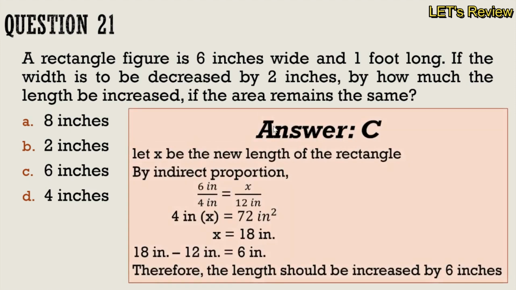The answer is C. We use inverse proportion in this problem. So 6 inches over 4 inches is equal to x over 12 inches. Cross multiplication, x is equal to 18 inches. And 18 inches minus 12 inches is equal to 6 inches.